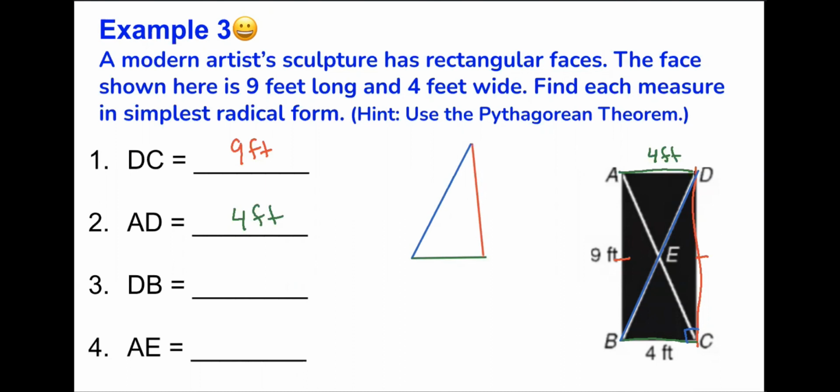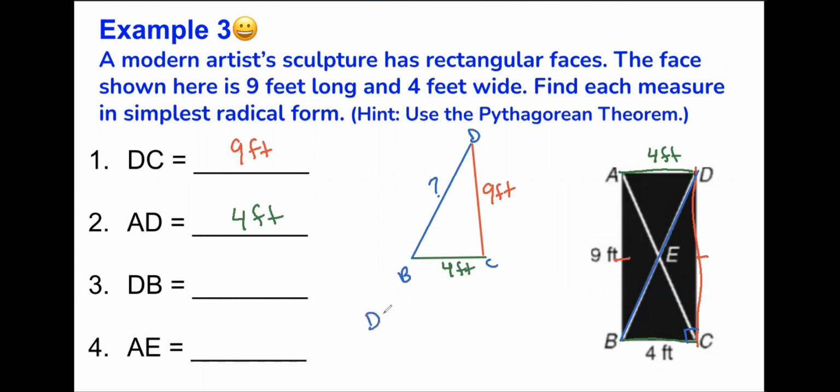Go ahead and assume that it's a right triangle, even though it doesn't look like a right triangle. This one is 9 feet. This length is 4 feet. And we're trying to find the hypotenuse of this right triangle, which is also the diagonal of this rectangle. So D, C, and B. We're trying to find DB in this case. So what is the measurement of that there?